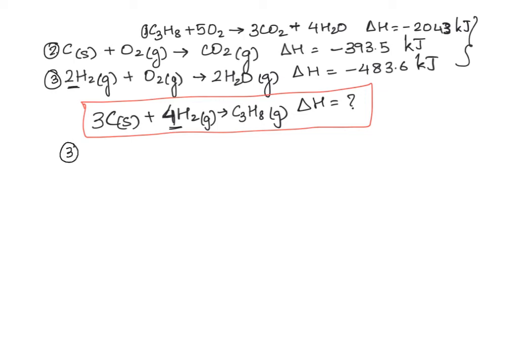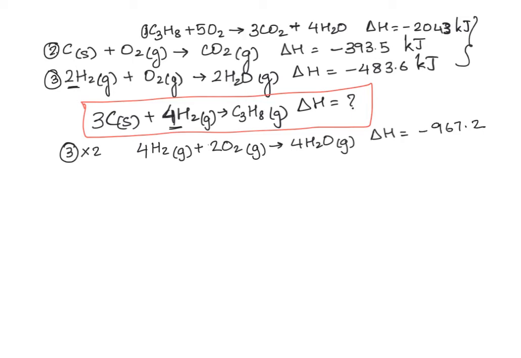So you will get with that 4H2 plus 2O2 yields 4H2O gas, and delta H will also be multiplied, negative 967.2.